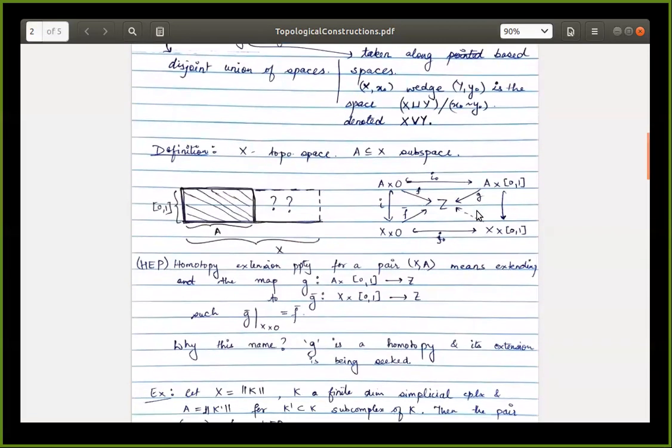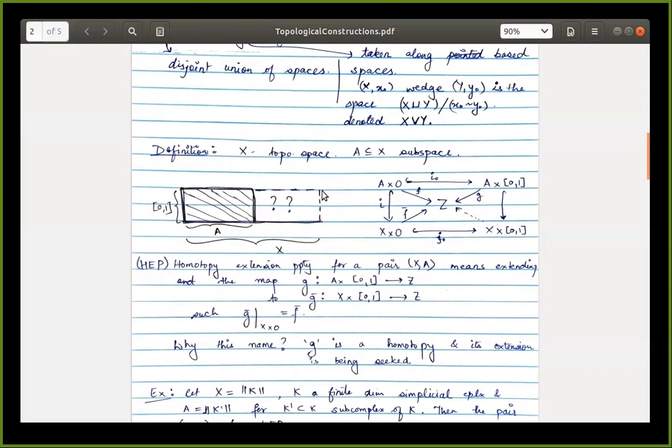Okay, so what it asks or demands is that if, let's say, you have a topological space X and a subspace A of X, and let's first consider X cross I. So X cross I is going to be this big box, right? If X is this full horizontal line, and A is some portion of it, a subspace, then A cross [0,1] is going to be this box here, correct?